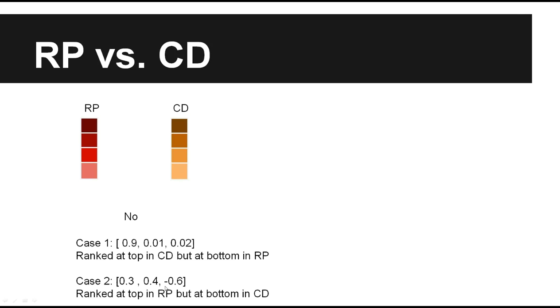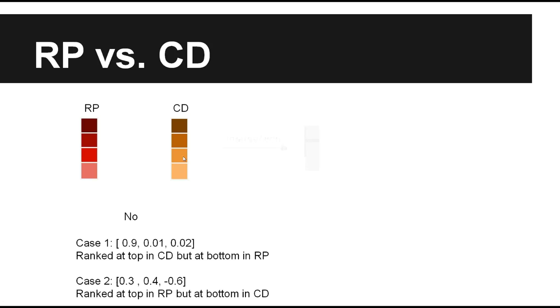And this gene, I think we will all agree that it's also unlikely to be a differentially expressed gene because the component values are not consistent across replicates. So these two cases basically illustrate how the two methods may rank the same gene in different places.